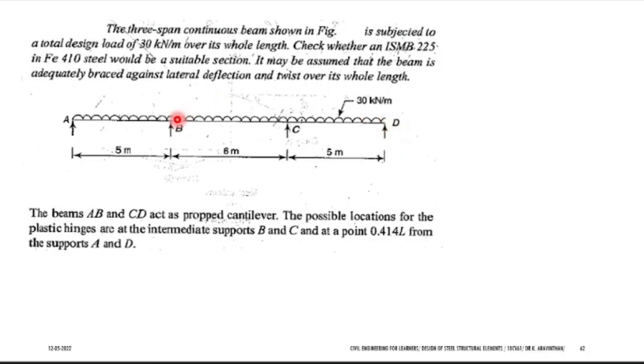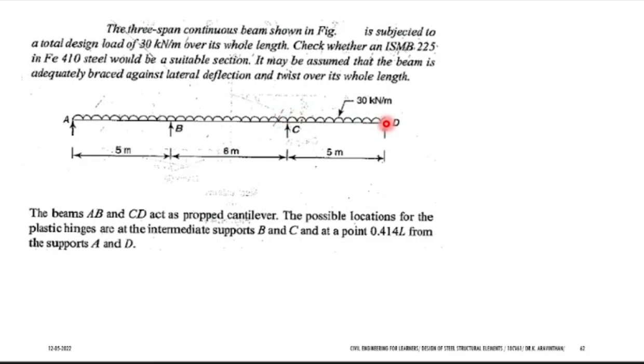What about B? Will you have any negative moment here? You will have negative moment, hence you will have a plastic moment at point B. Will you have negative moment at point C? Yes, you will have negative moment. So plastic moment will be there at B and C. Will you have any negative moment at joint D?